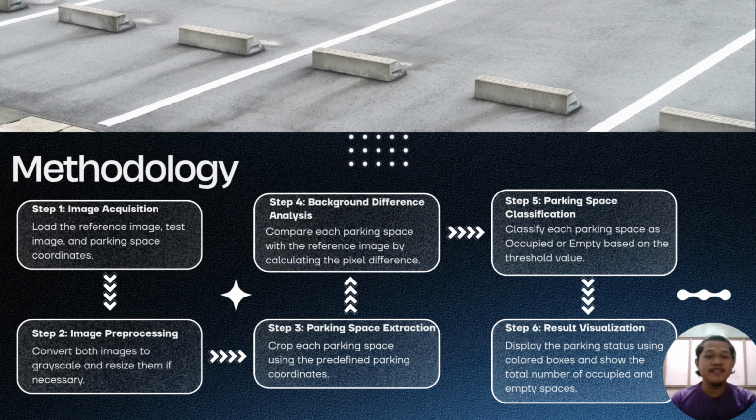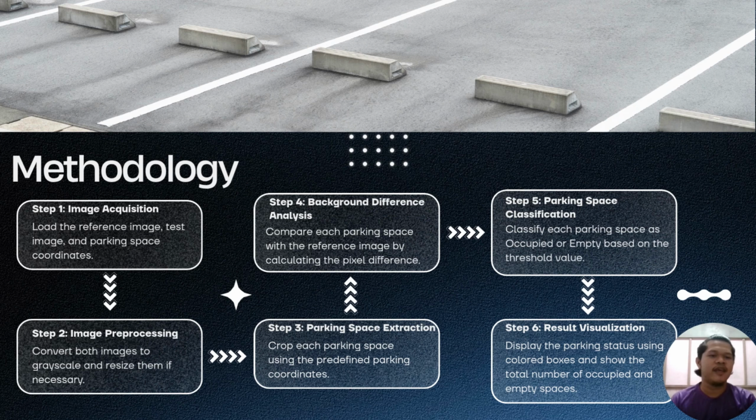Step 4 is the background difference analysis. Here the system compares each parking space against the reference image by calculating the pixel difference. Step 5, parking space classification, determines the status by comparing the difference to the threshold value. If the difference is greater than the threshold, it is classified as occupied.